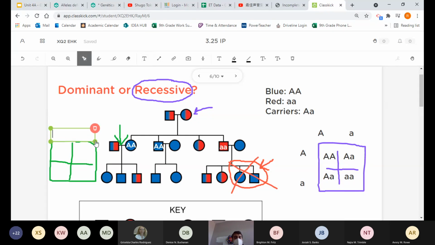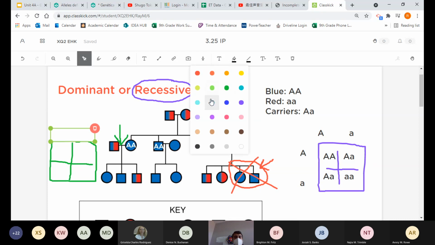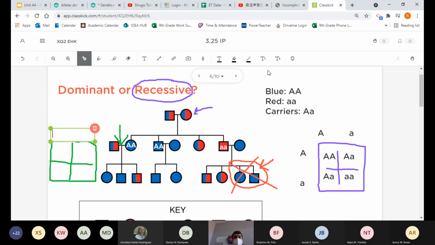Okay, so we know that mom is going to be homozygous dominant. Right, she's going to have two capital letters, so she's going to have big A, big A. We know that dad is going to be a heterozygote, right, because he has those shades. So we got big A, little a.